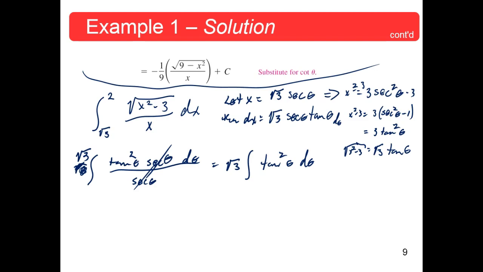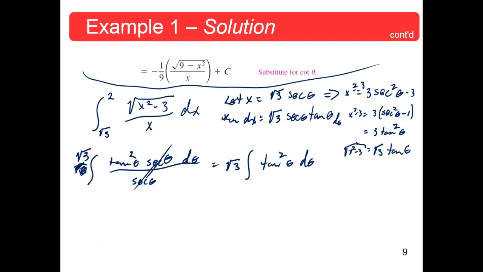Okay. When x is root 3, so put a root 3 in for x, and then you have root 3 is equal to root 3 secant theta. What would theta be? Well, divide both sides by root 3, and you get 1 is equal to secant theta. What angle theta must you have? 2 pi, you said?